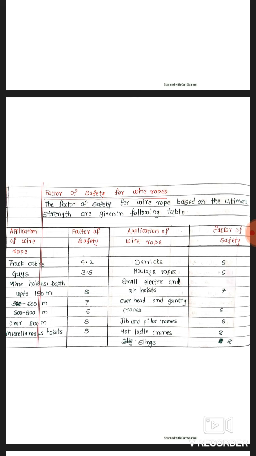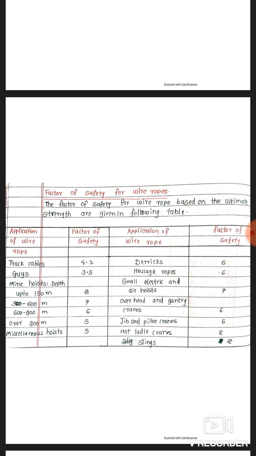For mine hoists, with depths up to 150 meters, the factor of safety is 8. For 300 to 600 meter depth, it is 7. For 600 to 900 meter depth, it is 6. If depth is over 900 meters, the factor of safety is 5.